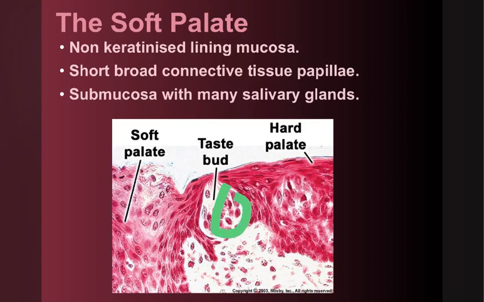Here we see a taste bud. The soft palate is a non-keratinized lining mucosa. It has short, broad connective tissue papillae, and it has submucosa with many salivary glands. And these salivary glands are completely mucus salivary glands.